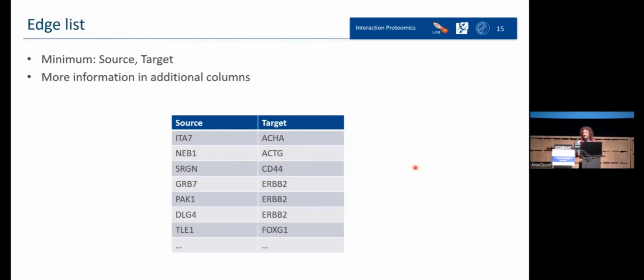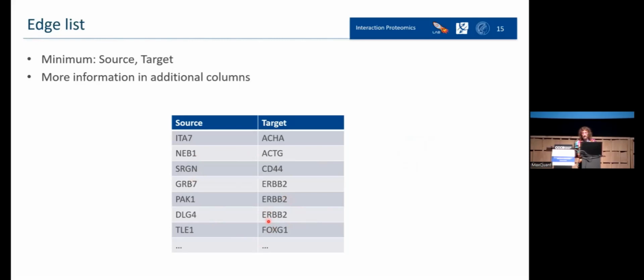It could be, for example, an enzyme and its substrate, or an antibody and its antigen, or whatever. We can also add further information about how this interaction was discovered. I will show you a bit later about that. And yeah, that's it. It's a very simple way to represent the data.